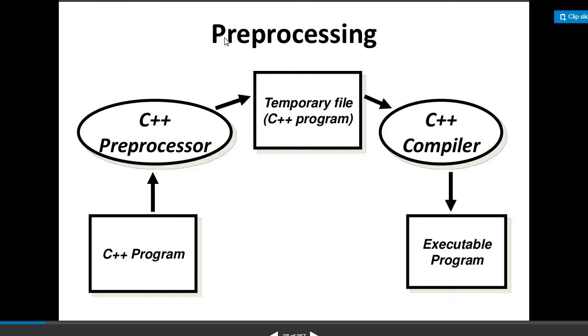How preprocessing works: the C++ source program goes to the C++ preprocessor, which creates a temporary file, then the C++ compiler compiles the program, and then the executable program is created.